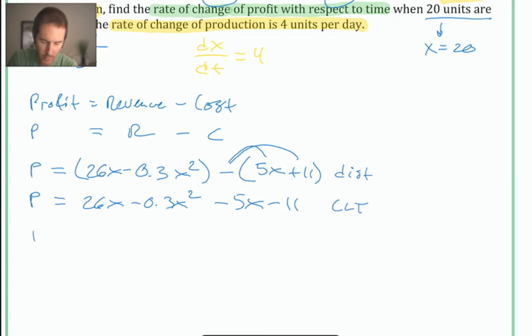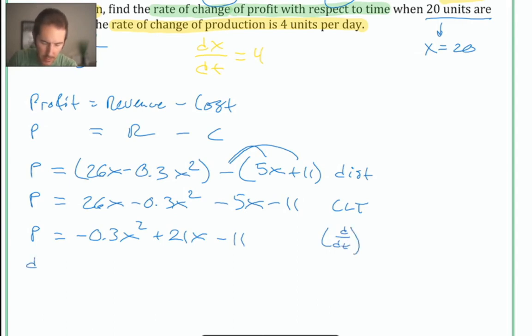And I'm going to rearrange things a little bit so that this is more familiar to me. I'm going to put my squared term first, which is negative 0.3x squared. And then my x terms I can combine. I've got 26x minus 5x, which makes for positive 21x. And then my constant value is negative 11. Now I've got myself a profit equation. Now let's take the derivative with respect to time.